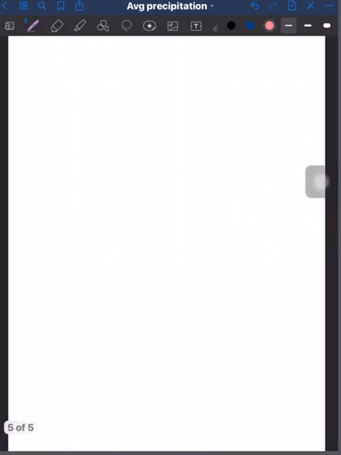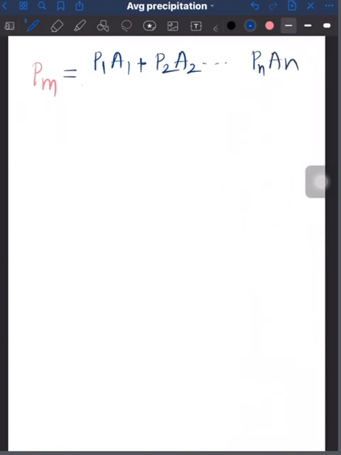To get the average depth of precipitation, what we do is precipitation into the area plus precipitation of the next station into the respective area of that station, till Pn and An, and it is divided by the total area of that particular catchment.